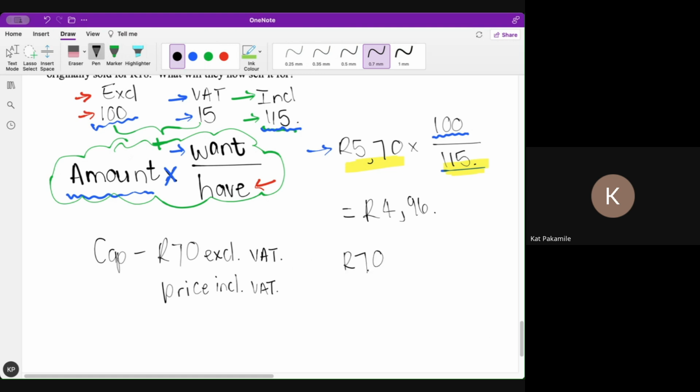Okay, this is financial mathematics. Okay, so 70 rand is our amount times. What do I want? What was I asked for here in this question? You can say it in words first, and then we'll get to the percentages. What am I looking for?